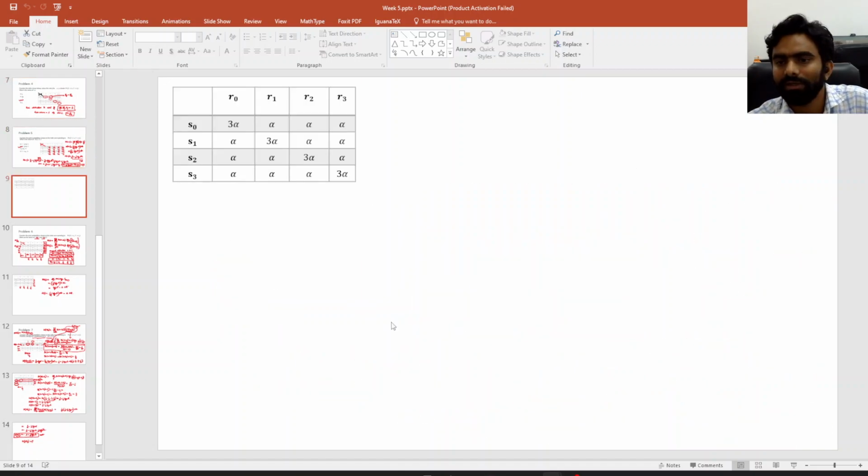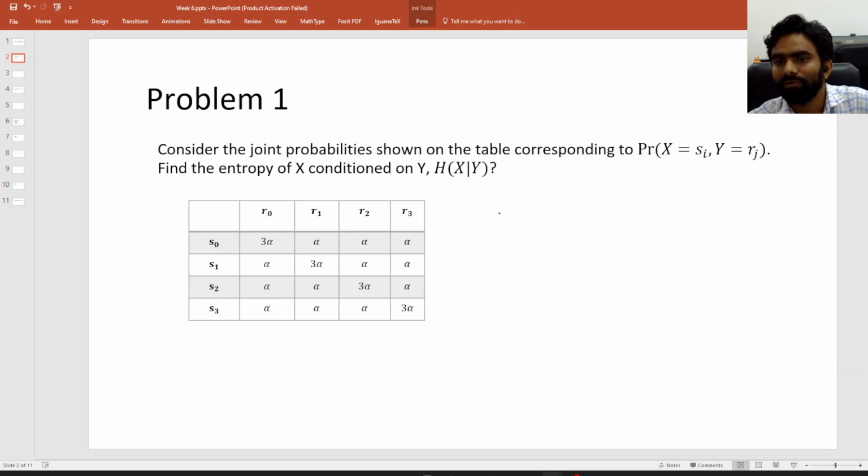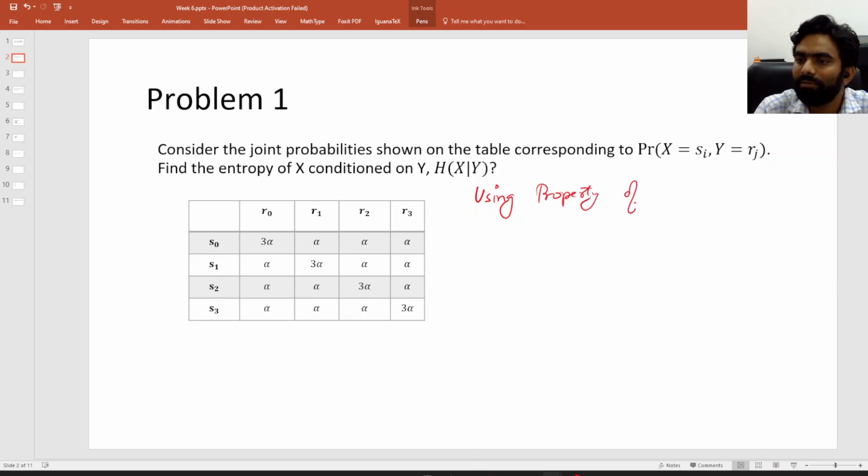So the motive is that I will solve this question using some properties of conditional entropy.